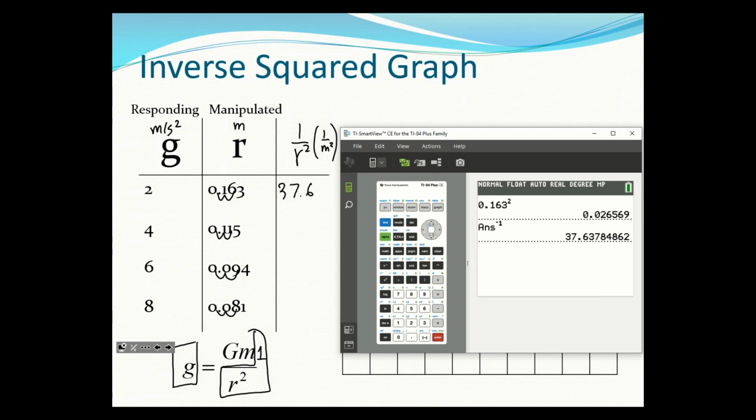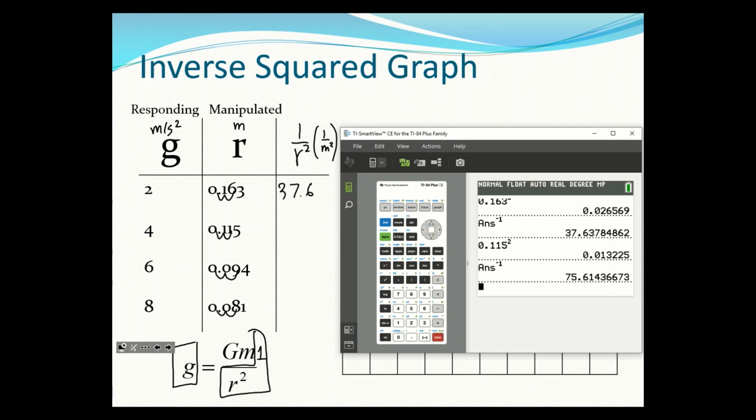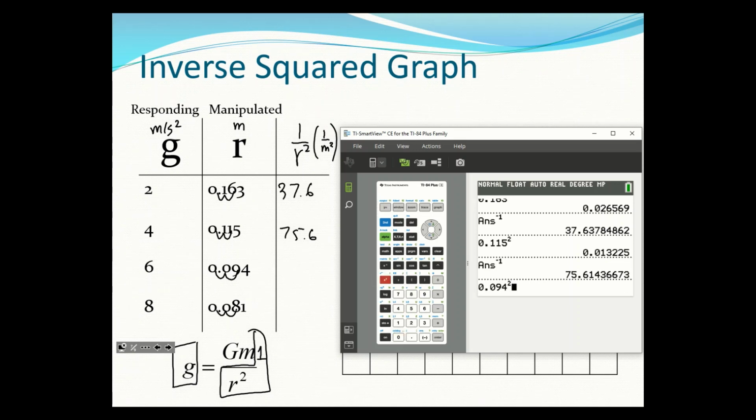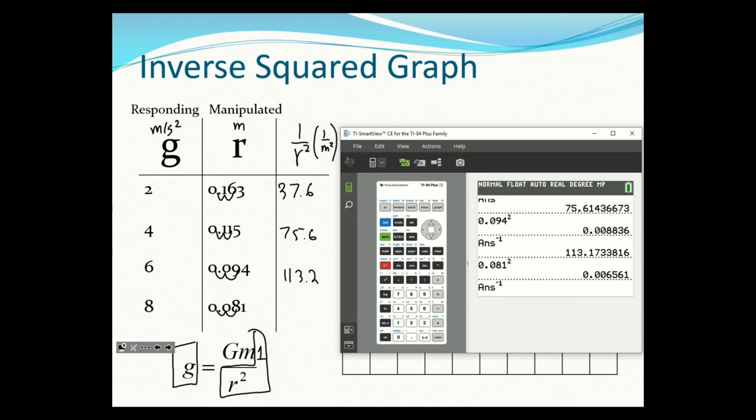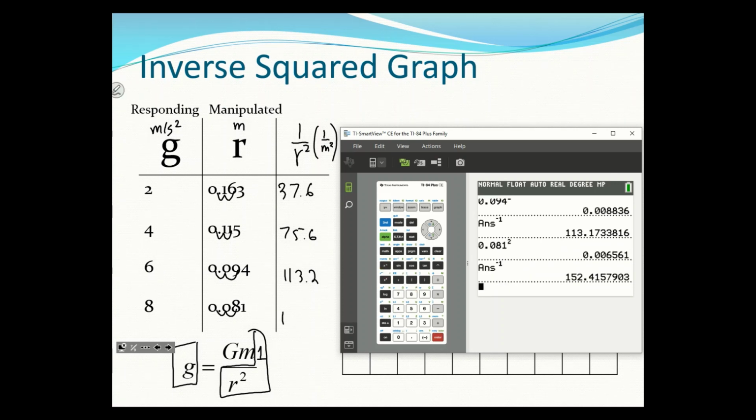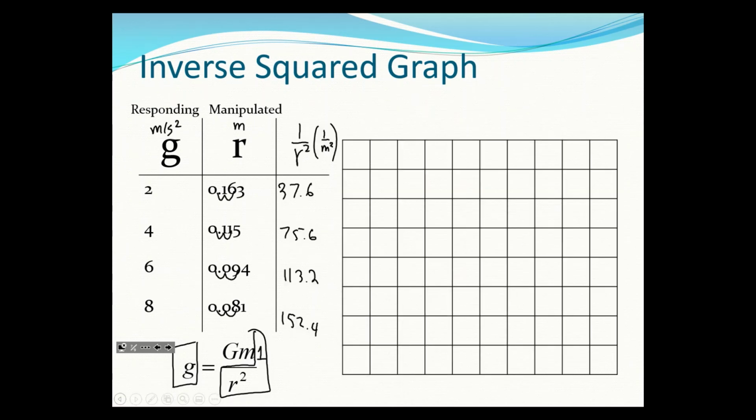And then I have 0.115, I square it, and then I 1 over it, and I get 75.6. 0.094, I square it, I 1 over it, and I get 113.2. And then 0.081, I square it, and then I 1 over it, and I get 152.4. Okay, so now I have my new values that I'm going to graph.